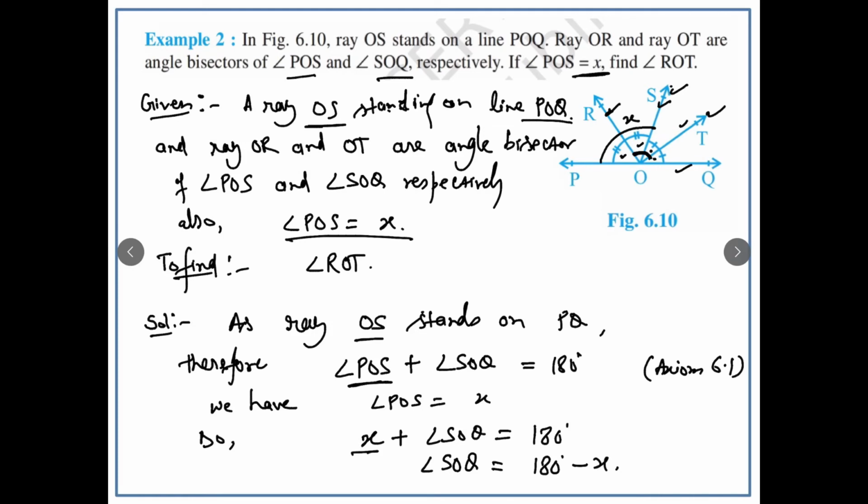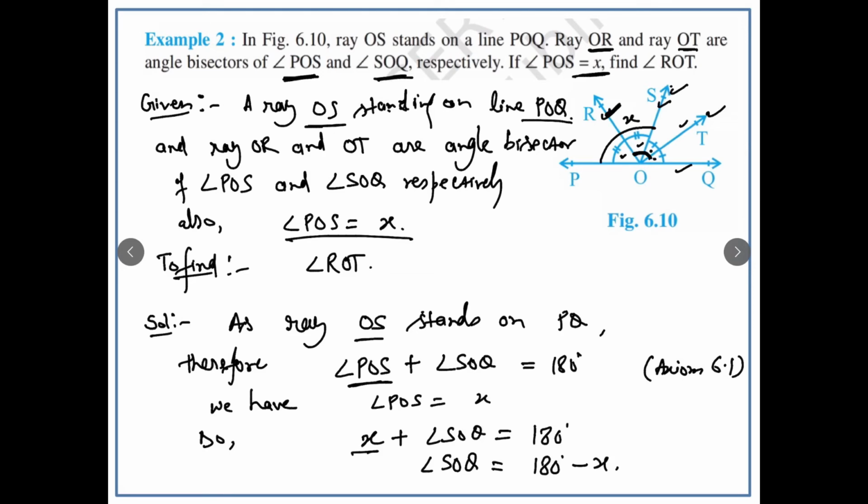Now moving ahead, in the same question figure, you can see that this ray OR is also standing on the line PQ, so it will also make two adjacent angles and their sum will be equal to 180 degrees. Okay, but it says that OR is the bisector of angle POS and OT is the bisector of angle SOQ.